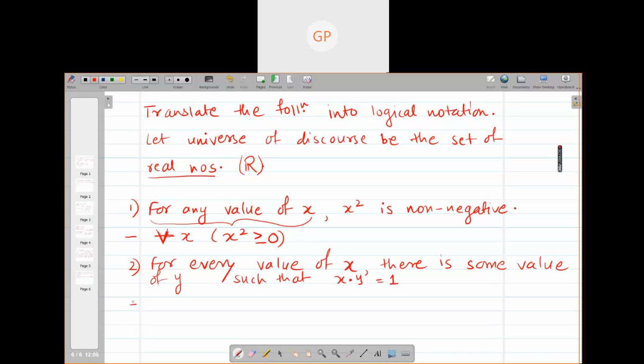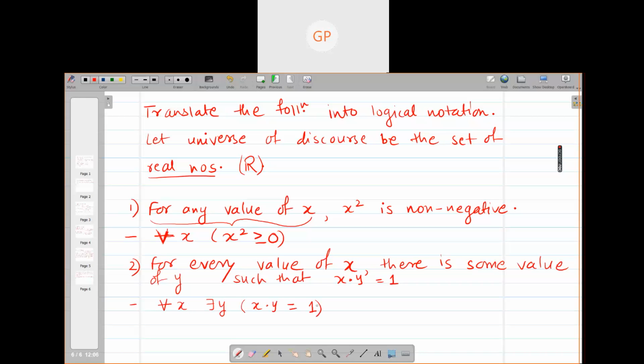This is a two-place predicate now. For every value of x means for all x, there exists y, such that x dot y is equal to 1.